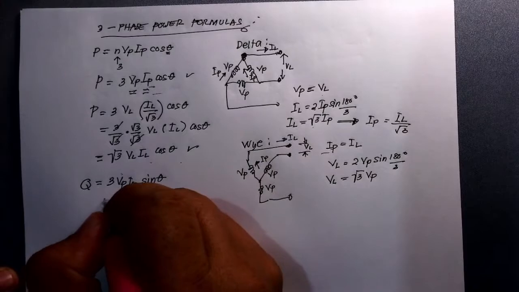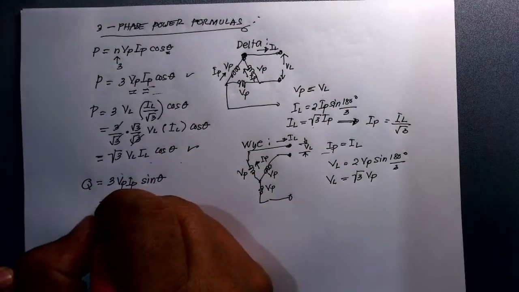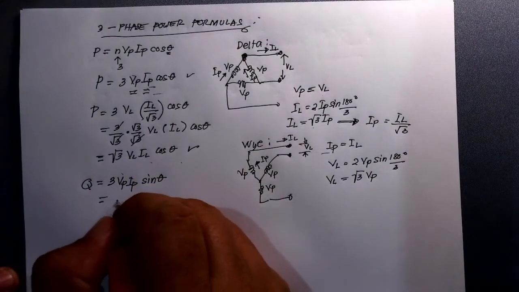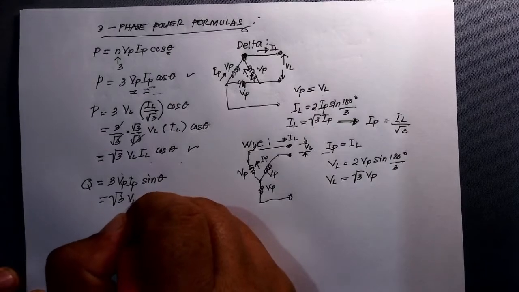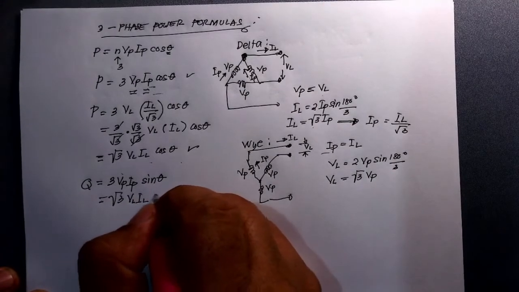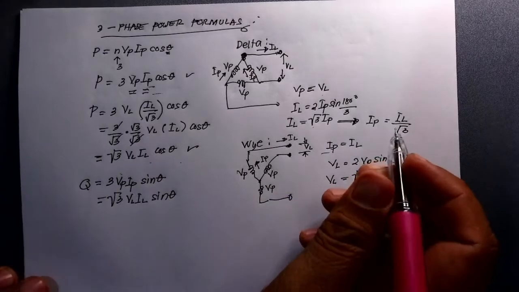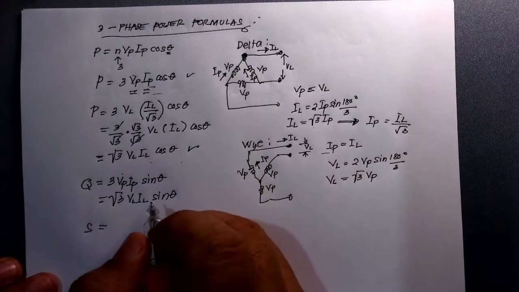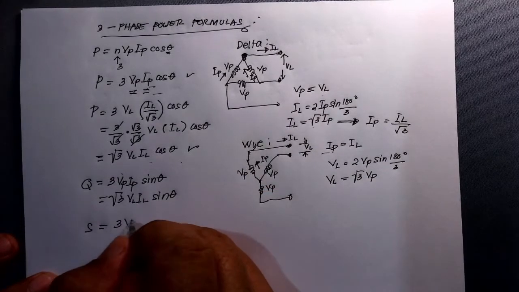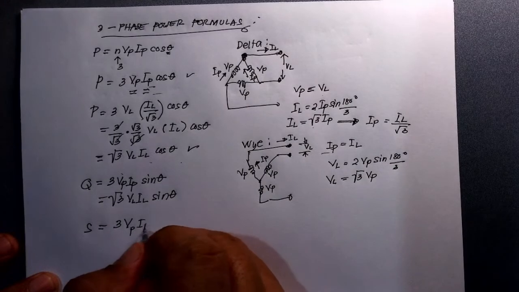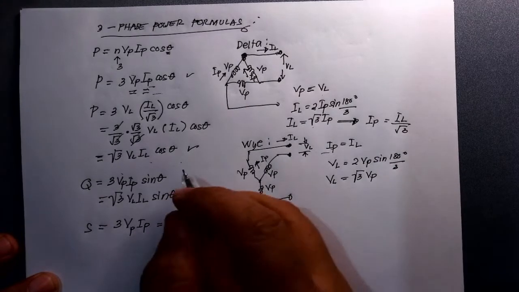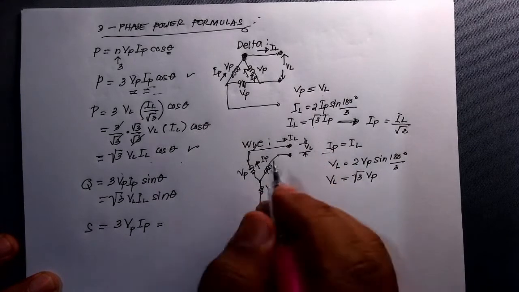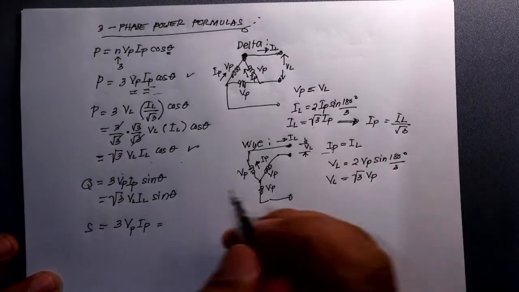So, same thing, if you use the line current and line voltage, you will have square root of 3 V sub L I sub L sine theta. And for the apparent power, we just have 3 times V phase times I phase, and in terms of line values, that is square root of 3 V sub L times I sub L.